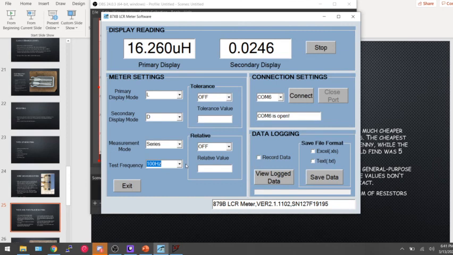And of course, I can show you this. It's not an appreciable amount of inductance at 100 hertz. At 120 hertz, also not an appreciable amount. It's fooling my meter. At 1 kilohertz, you can see you start to see inductance.